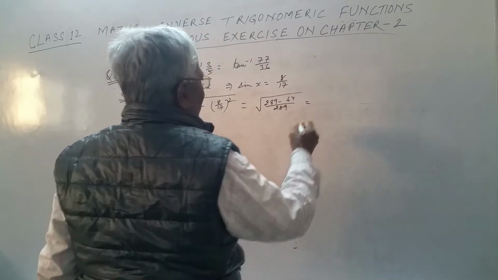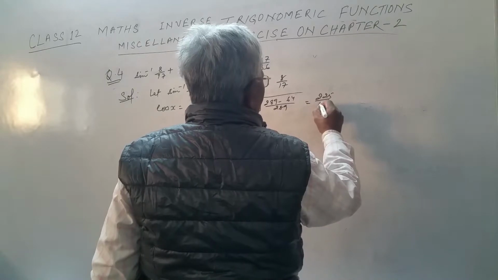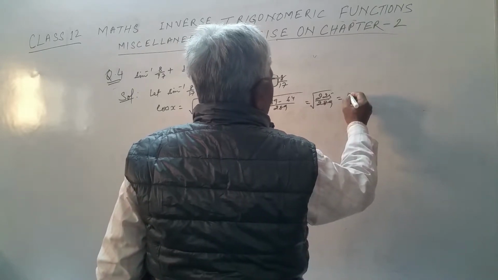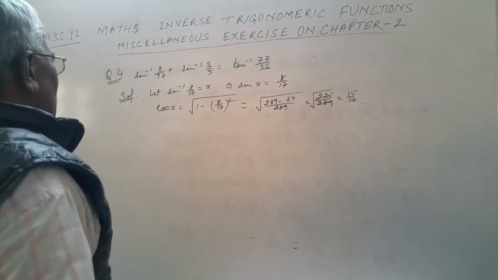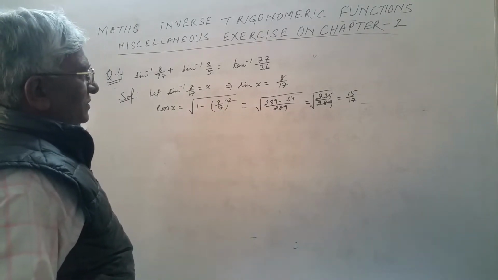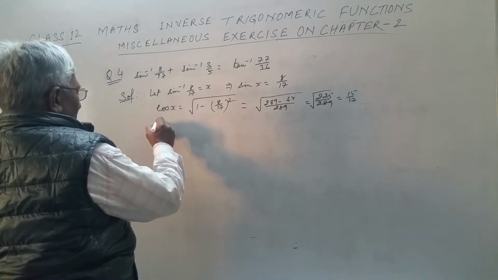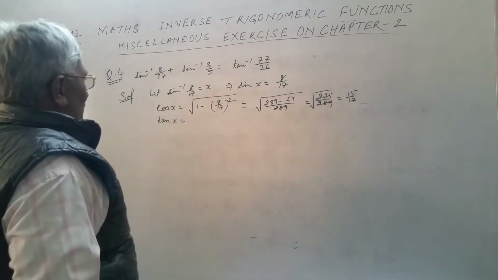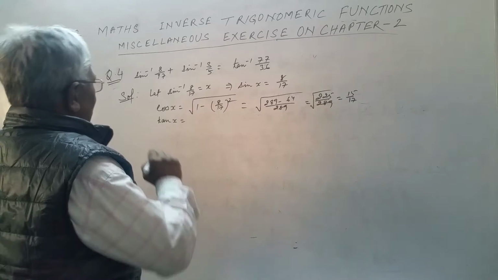You will get 225 upon 289. You will get 15 upon 17. Then cos x is equal to 15 upon 17. Now what will be the value of tan x?